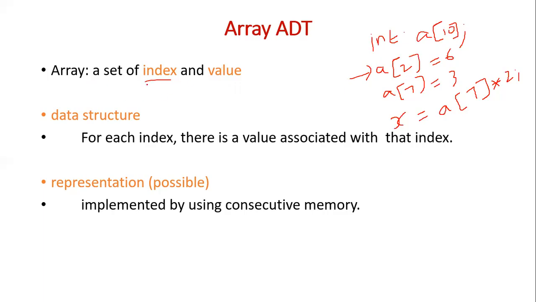Array is a set of index and the associated value. So for each index there is an associated value with that index. So this is how we define array as an abstract data type. Okay, so this is the array specification. As we already defined, ADT is the one which separates the object and the operations performed on the objects, the specification, from the implementation of the object and the operations performed on it.